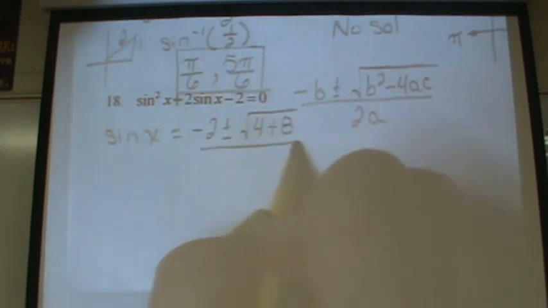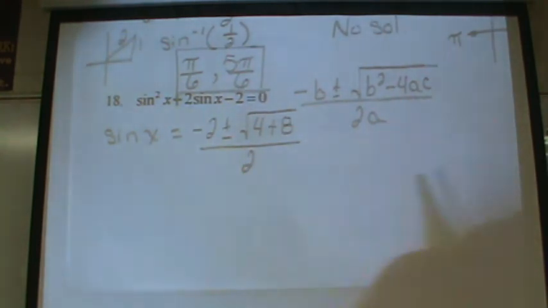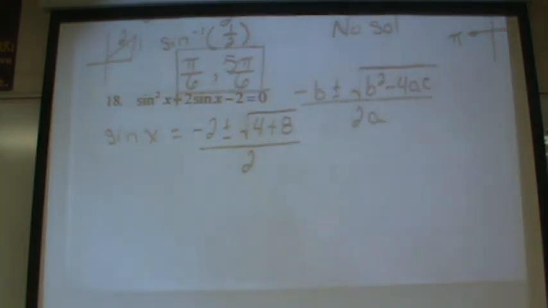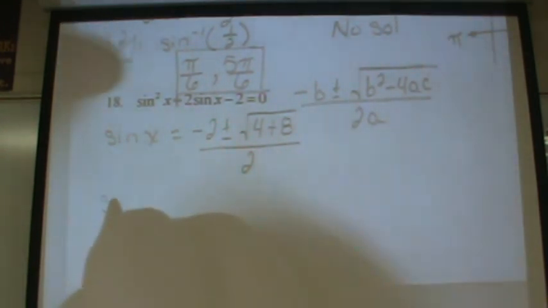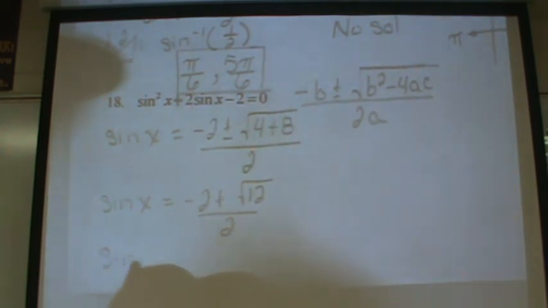And that's going to be divided by 2 times 1, which is our a value, so just 2. Now, separating our two values, we're going to get sine x equals negative 2 plus root 12 over 2, and sine x equals negative 2 minus root 12 over 2.